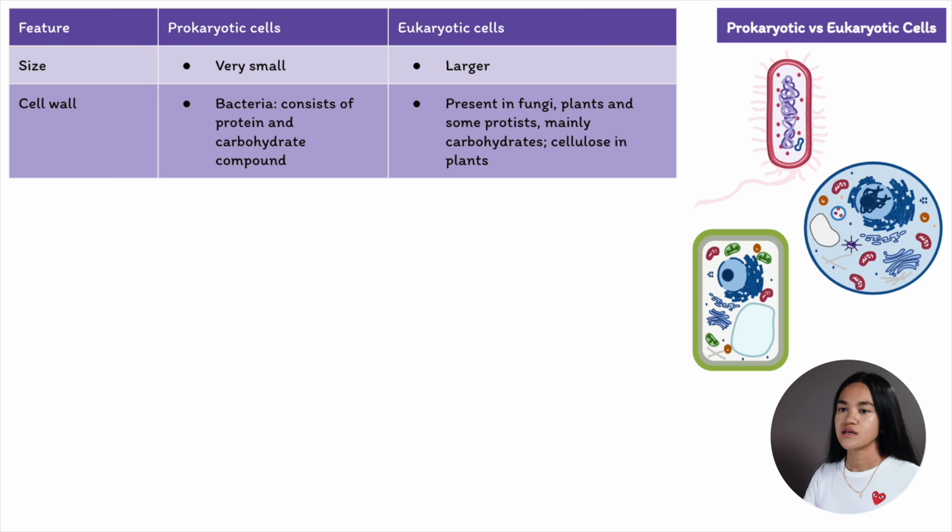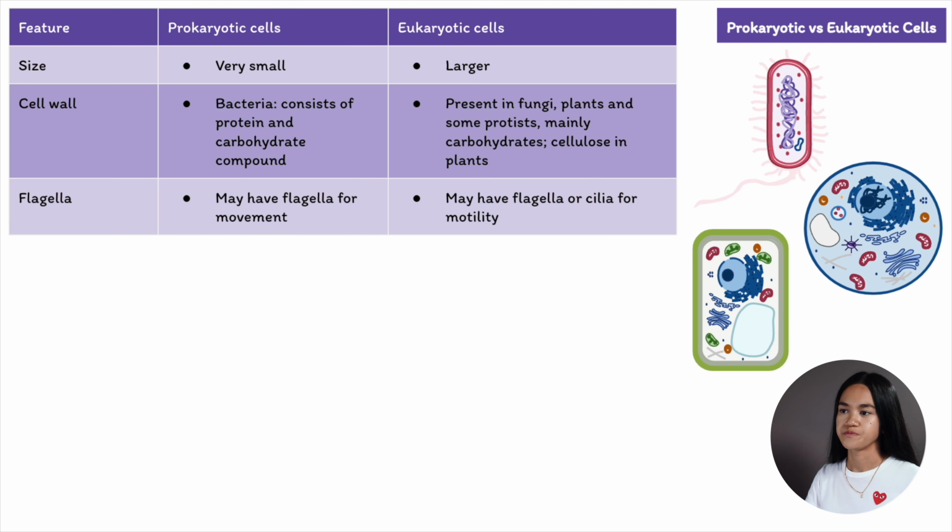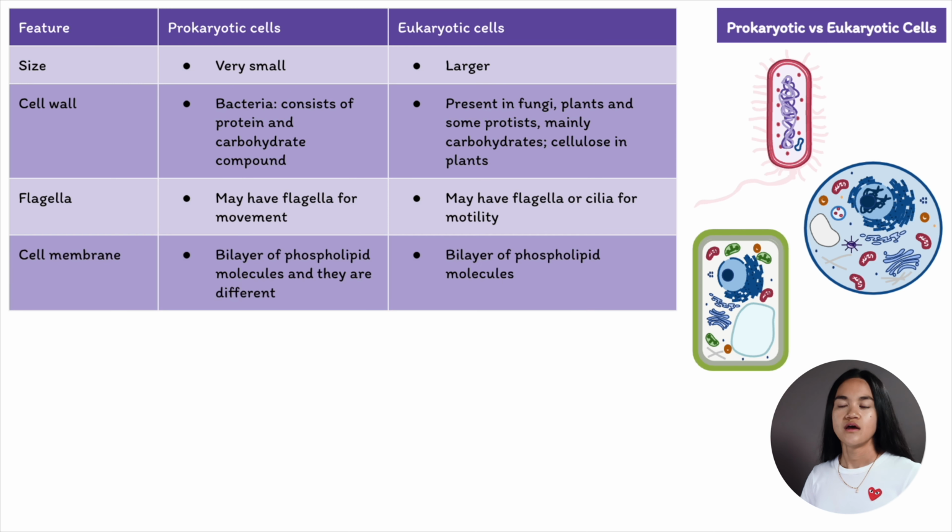Now with the cell wall, in bacteria it consists of protein and carbohydrate compounds, and in eukaryotes it's present in fungi, plants, and some protists, and it's mainly carbohydrates, and it's cellulose in plants. They both have flagella for movement, and with the cell membrane, prokaryotic cells have a bilayer of phospholipid molecules, and archaea are different. They have a plasma membrane composed of mainly lipids that are fluid and permeable across a wide range of temperatures.